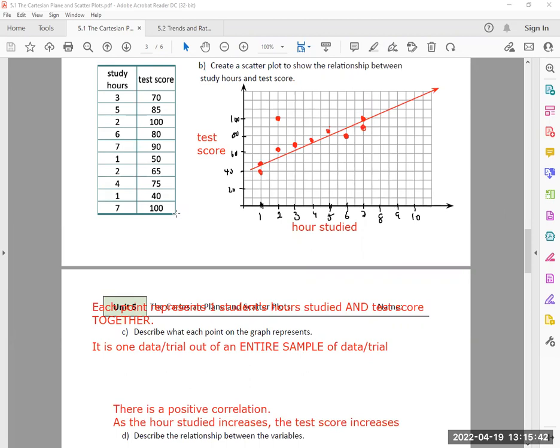Yeah, the guy that studied 2 hours. What the heck, man? What is this? Explain. How could this be possible? You only studied for 2 hours and you got 100%? That's rude. Okay? There could be a lot of explanations for that, I'm sure, but does it fit the pattern? No. And there are times when that happens.